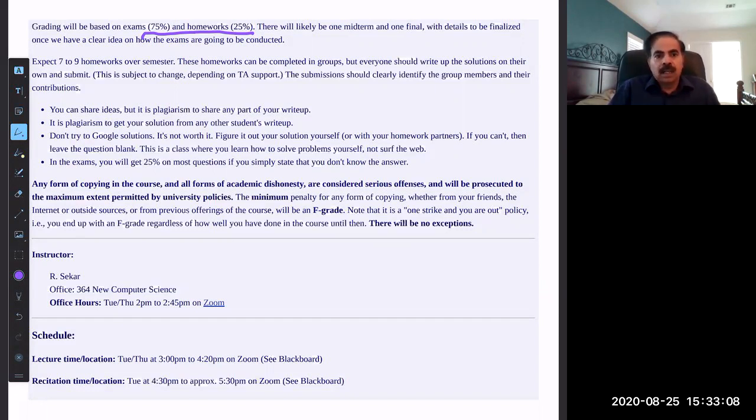People who had difficulty joining, at least one of them, has joined, so good. You can work on these problem sets in groups, right? And we don't really say how large the group can be. You can decide what group size works well for you.